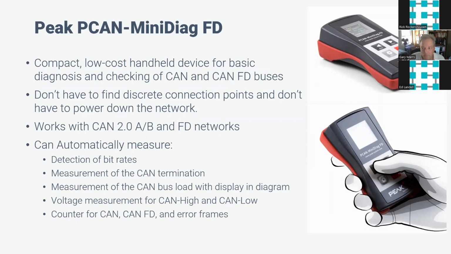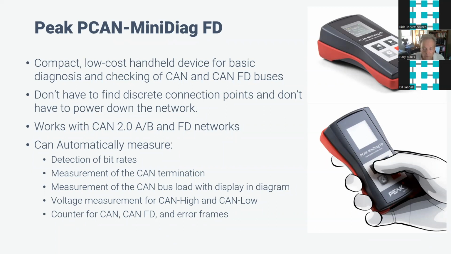This is a really small handheld device that just plugs into the CAN network using the standard DB9 connector. It easily fits in your hand, it has a nice display, and it can work with CAN 2.0 and FD networks. It automatically measures bit rates, CAN termination resistance, and CAN bus load.